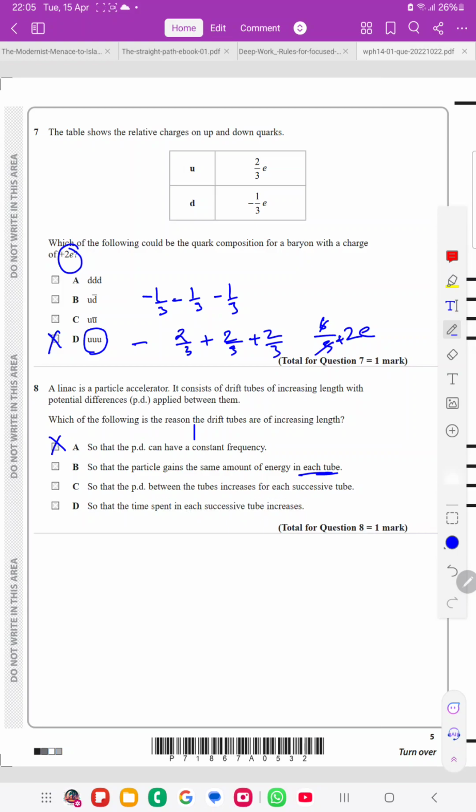No, we don't need to increase or decrease the PD in this case. And so the time spent in each successive tube increases. No, the time must remain constant here as well, so that as the particle is traveling, it will increase in speed in between each of the gaps. So therefore the option here should be A.